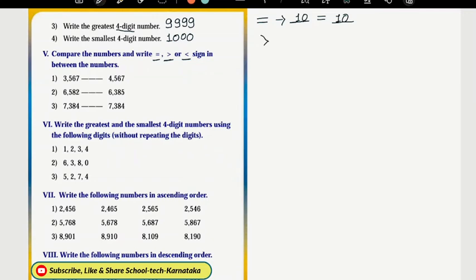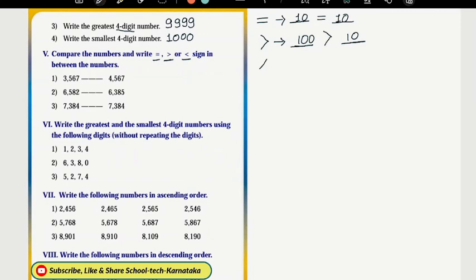The greater than symbol is used when the number given on the left side is greater than the right side. So for example, we have 100 and 10. In this case, 100 is greater than 10, so we write it as greater than.